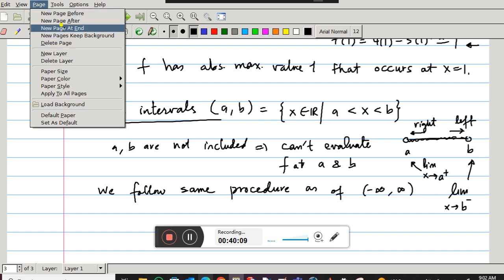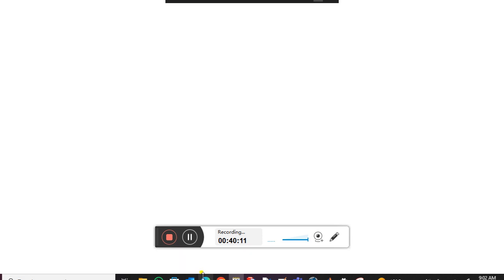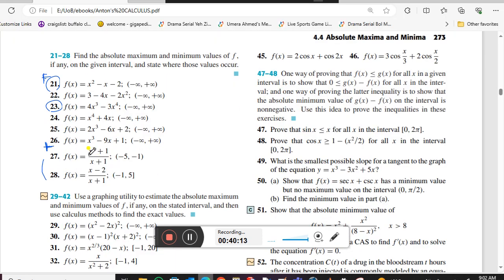So for example here, exercise numbers 27 and 28 are open intervals, you see, minus 5, minus 1. So let's try 27.